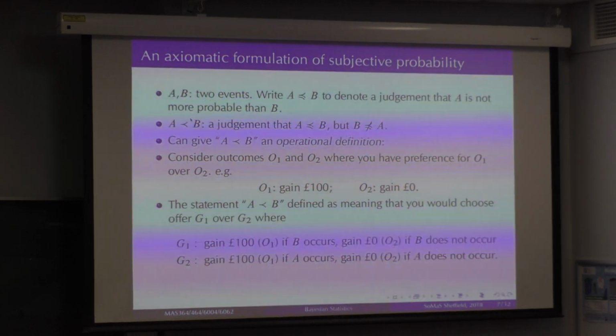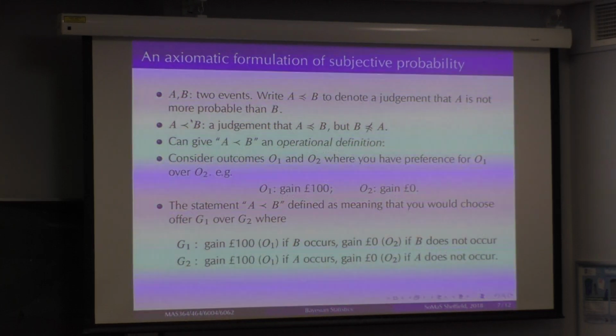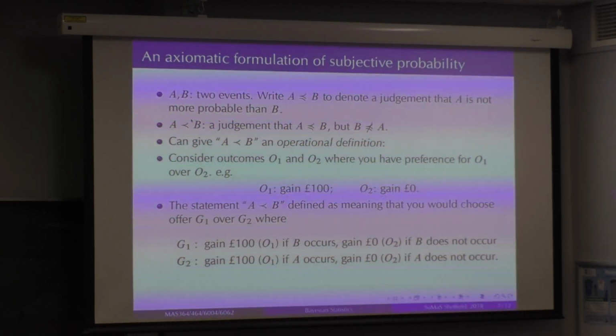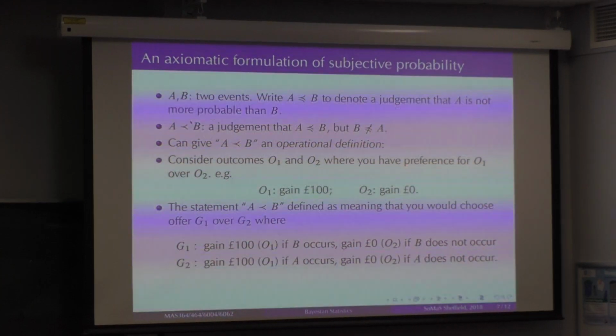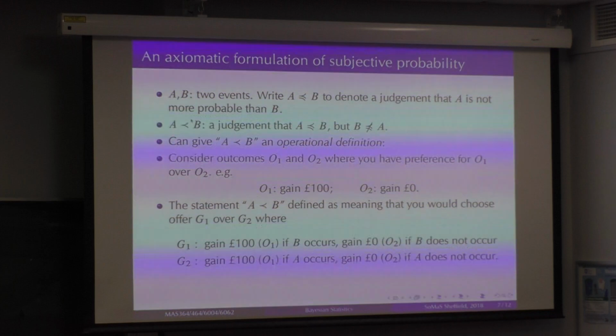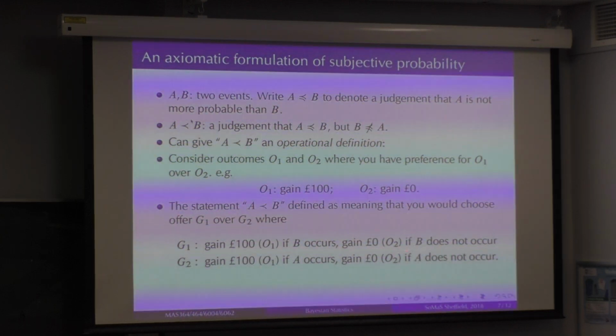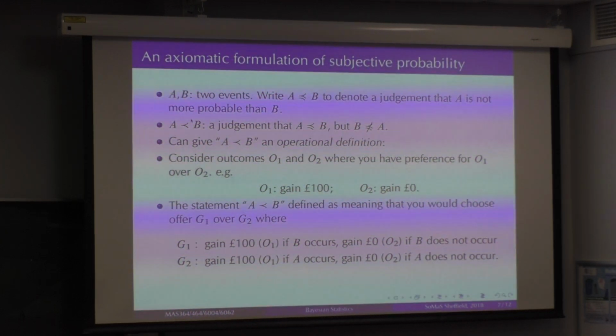So you have a bet where you have two outcomes. The first outcome is to gain £100. It could be £1, it doesn't matter. And the second outcome is that you don't gain anything, right? And then you compare these outcomes with the event of B occurring or A occurring, right?